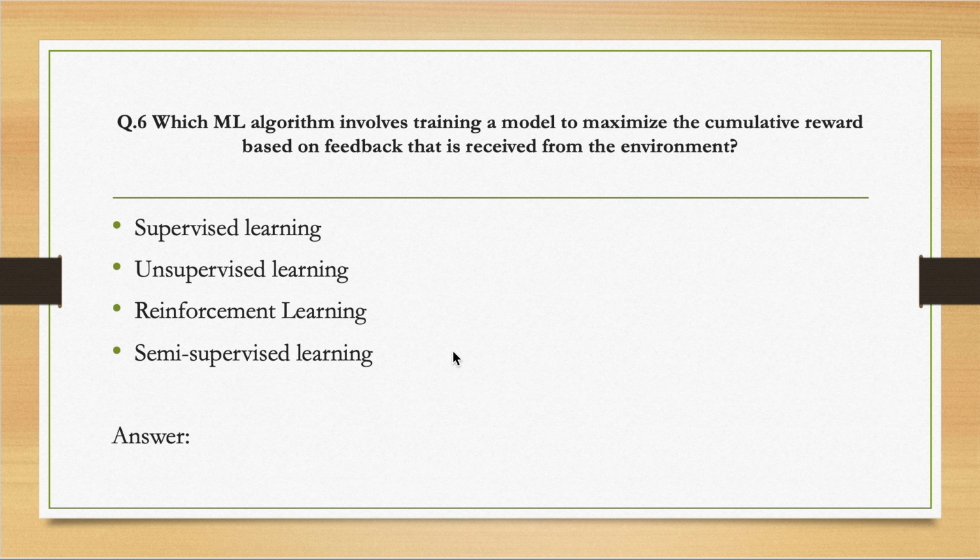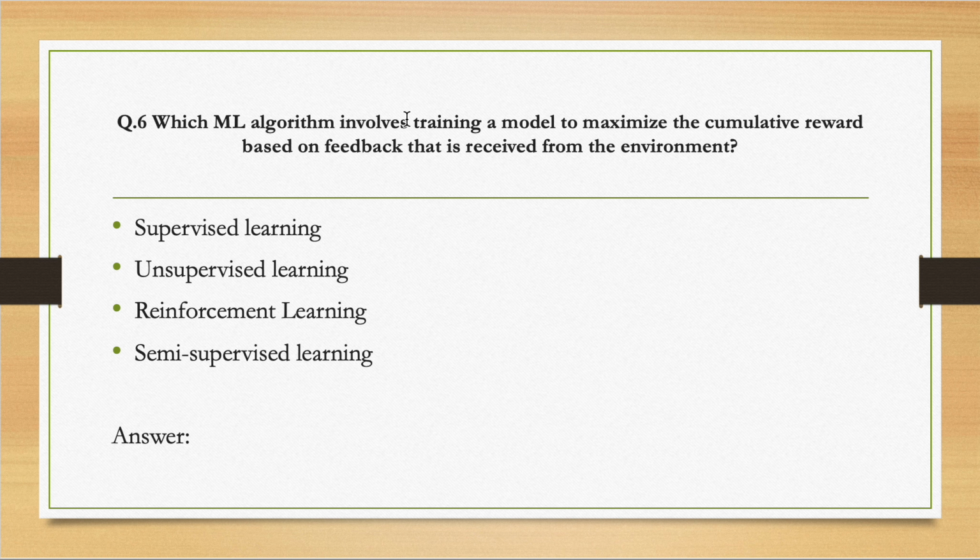Which ML algorithm training involves a model to maximize the cumulative reward based on feedback that is received from the environment? You would have heard about it, right? There are different types of models: supervised learning, unsupervised, semi-supervised, reinforcement. Only one type is where the model learns from its previous mistakes based on feedback.